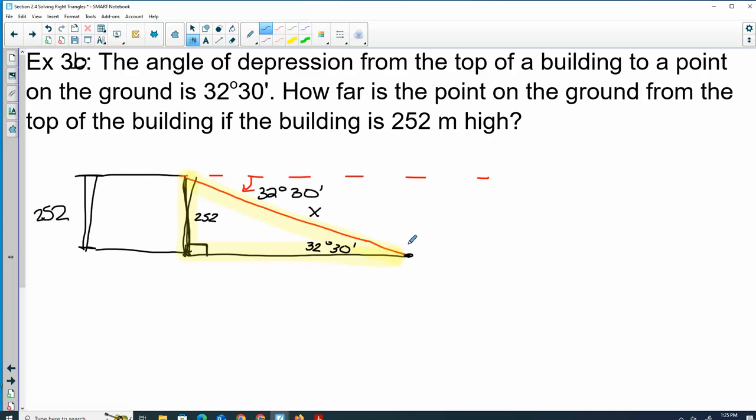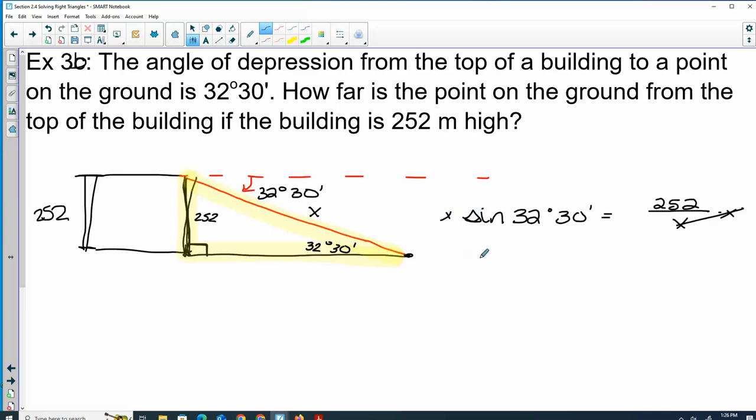So what trig function? The sine of 32 degrees 30 minutes equals my opposite side 252 over my hypotenuse x. If I were trying to solve this, we know we don't want to use a calculator until the very end.